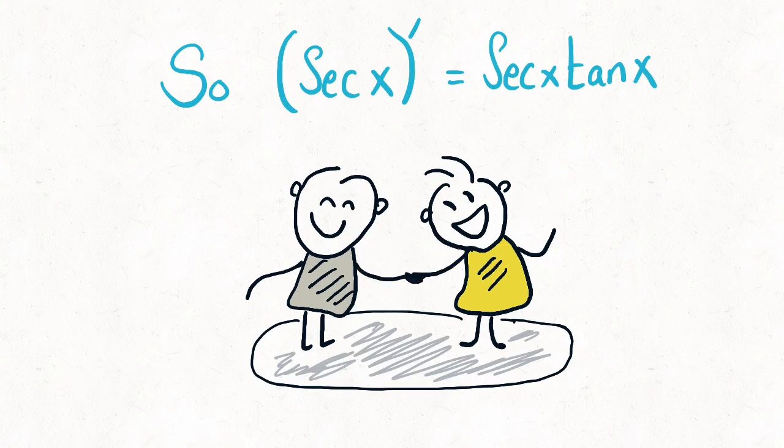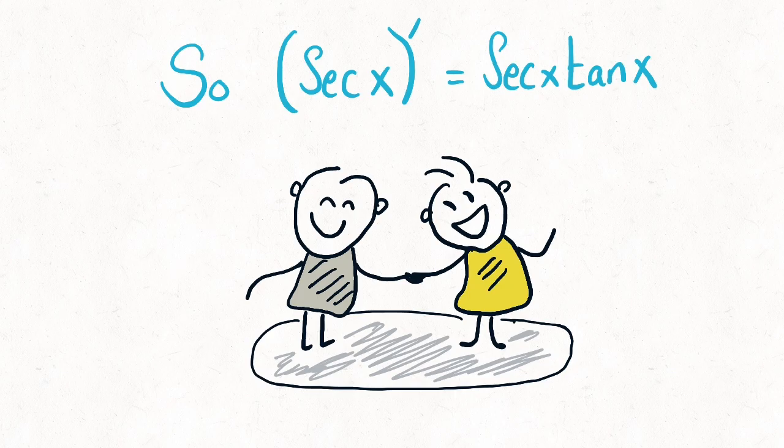Now you can apply the same concept to the friendship of cosecant x and cotan x, but please keep in mind that when you want to take the derivative of cosecant, it's a trigonometric function starting with the letter C, thus we should add the minus sign to the first derivative.